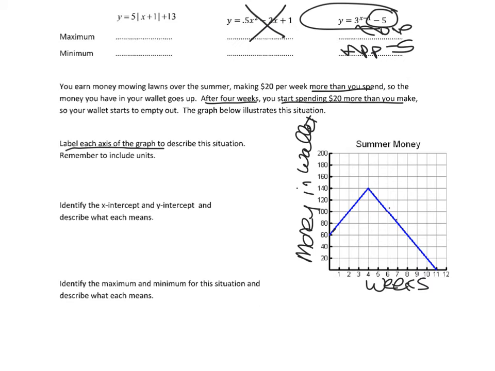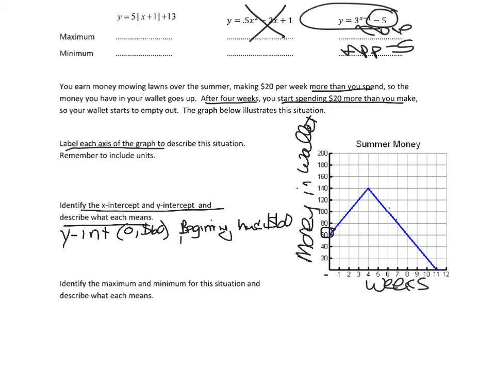Okay. All right, it says identify the X and Y intercept and describe what it means. All right, so here we have your Y-intercept is at 0, 60. All right, so that means week 0, so at the beginning, he had $60 in his wallet.